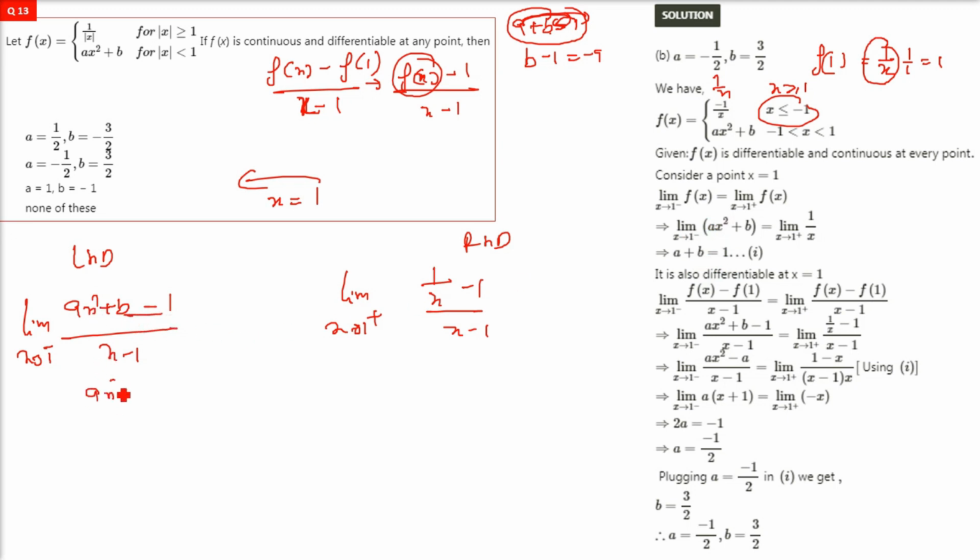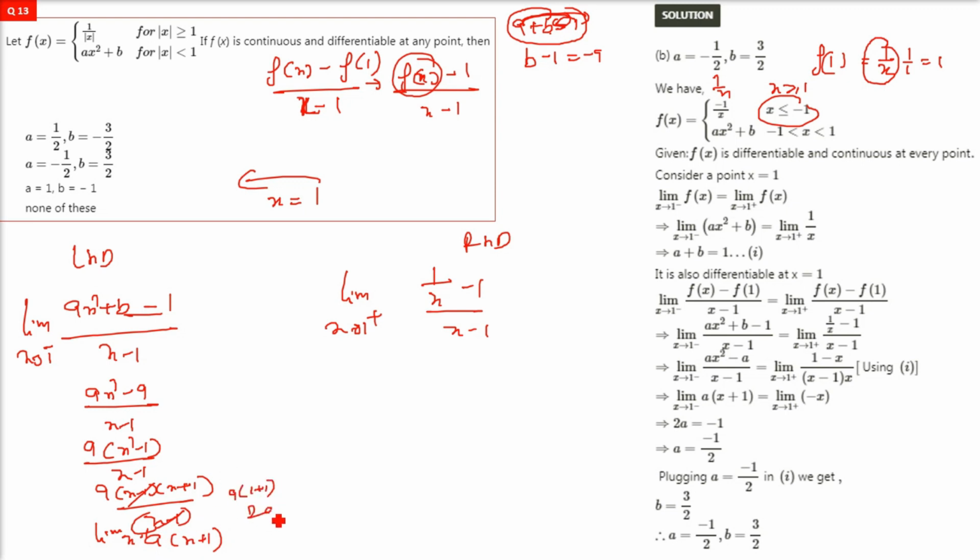So ax square minus a divided by x minus 1. You can take a common: x square minus 1 divided by x minus 1. A into x minus 1 into x plus 1, using the identity a square minus b square equals a minus b into a plus b. The x minus 1 terms get cancelled. You have a into x plus 1. Now the limit extends to 1, so you can replace x by 1. So a into 1 plus 1 is 2a. The left hand derivative has given you 2a.